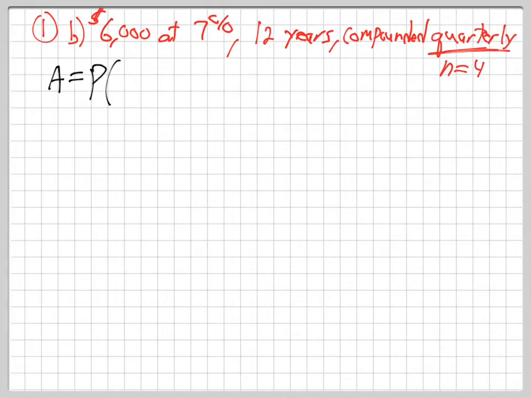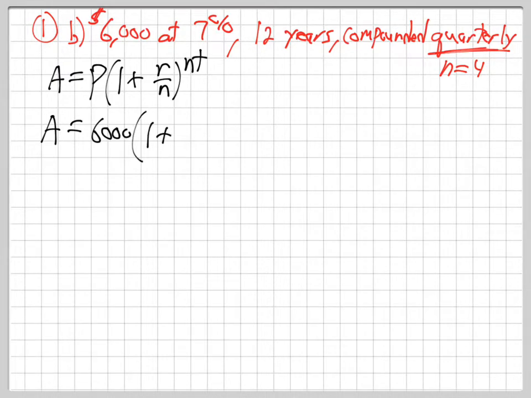All right, so we'll use that same formula. A equals P times (1 plus R over N) to the NT. P, the principal, is the 6,000. The interest rate is 0.07. The N is 4. The N is 4 up there again. And the number of years, T, is 12. So let's clean that up a little bit.